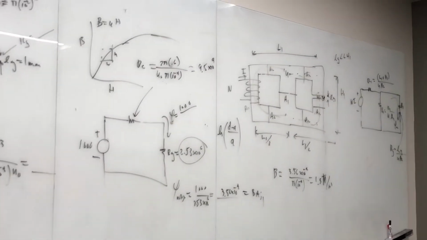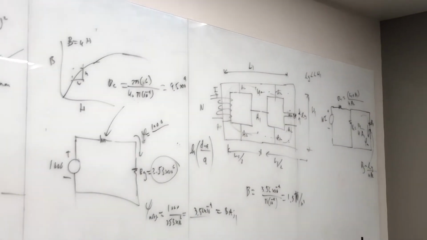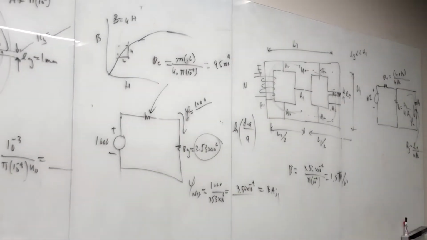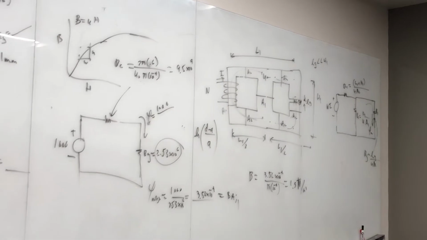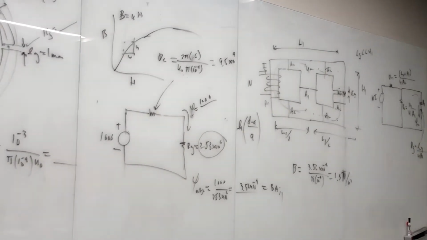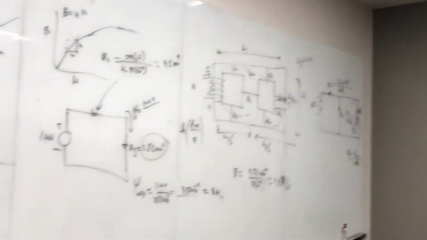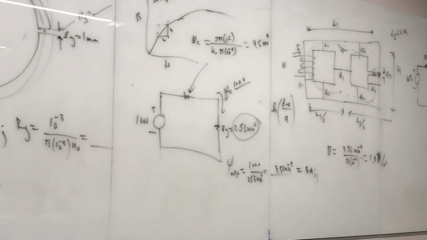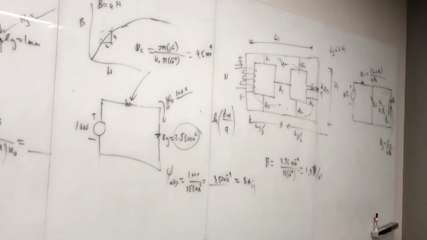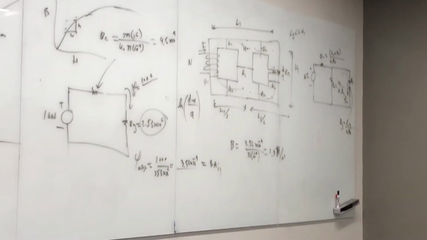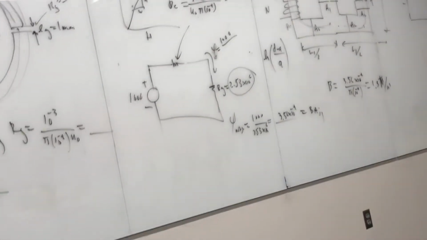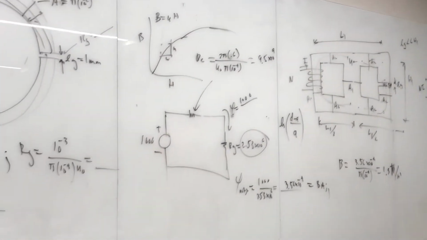Actually, looking at this, it looks like when I have 900 amp meters, this is a weird one, because that's not following the standard curves. 900 amp meters and B is 0.5. Tell me if I'm right about that.